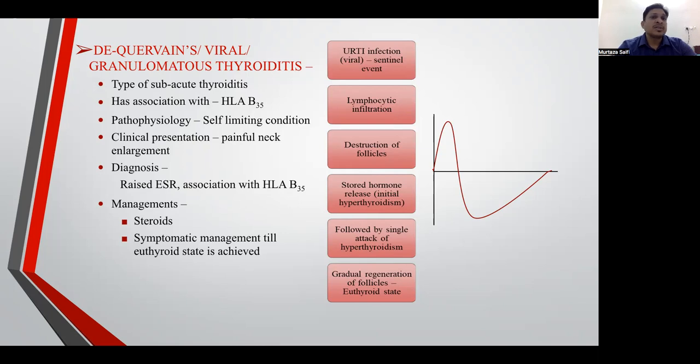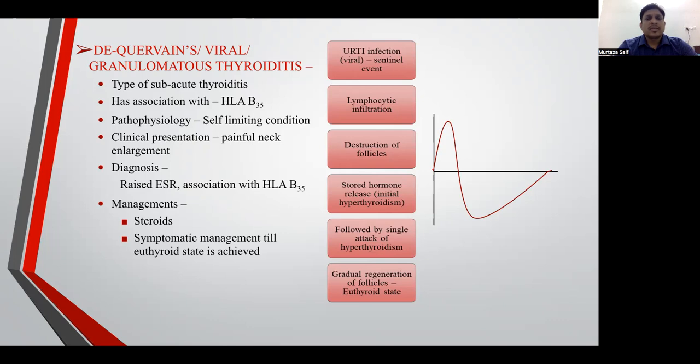It is an inflammation, subacute thyroiditis. The patient is concerned more about the pain. Diagnosis: raised ESR, association with HLA-B35, and send for biopsy or FNAC. There is upper respiratory tract infection, which will be viral most often, as a sentinel event.